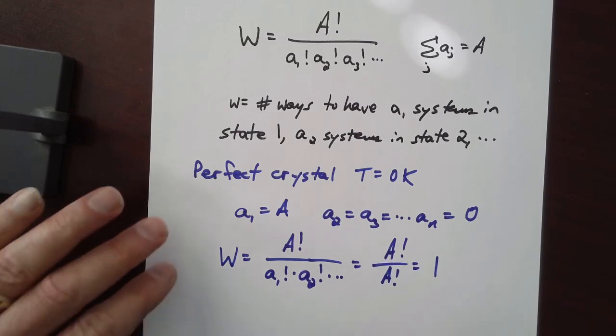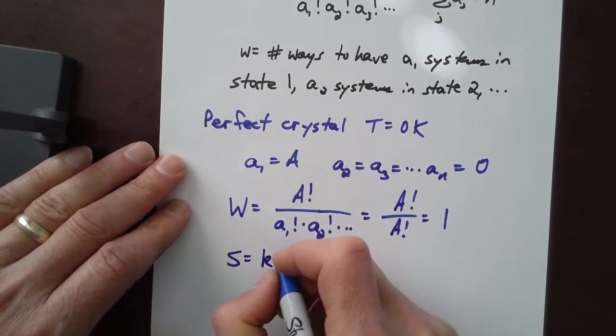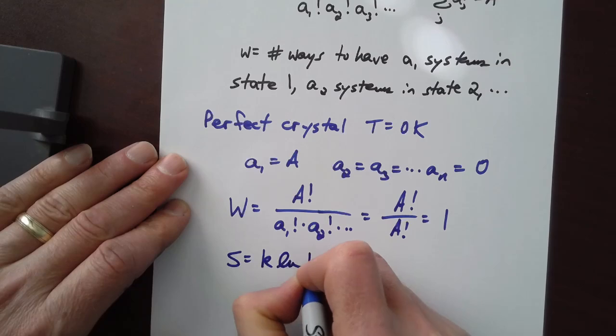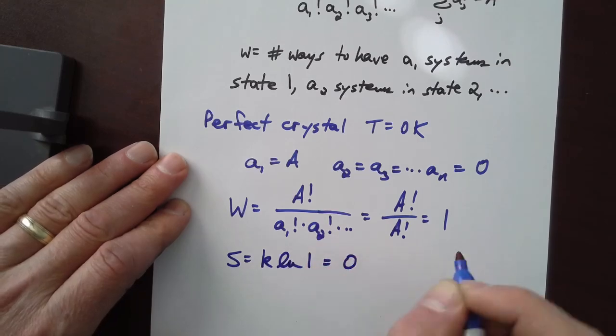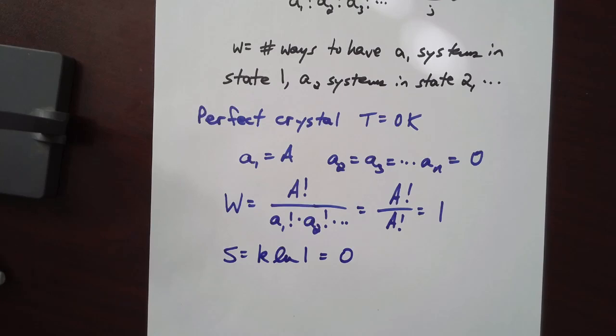And that is, everything has to be in the ground state. That's it. So if I calculate S, S is K, the Boltzmann's constant, times the natural log of 1, which is 0, because the natural log of 1 is 0.